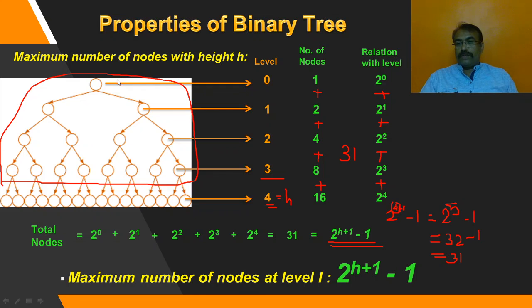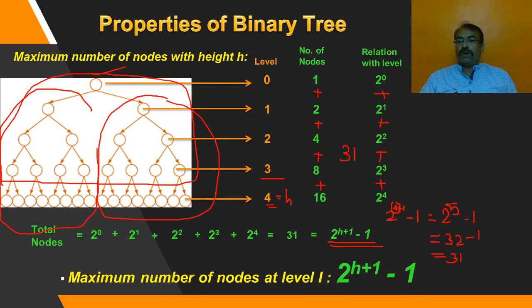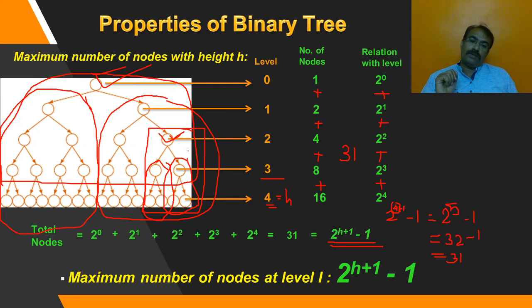In this particular tree, all these nodes will have values greater than this value, and all these are going to have values smaller than this value. It is true for every level. Even if I consider only this level, these three nodes are going to have greater values than this node, and these three are going to have smaller values than this node. That's the constraint we are imposing.